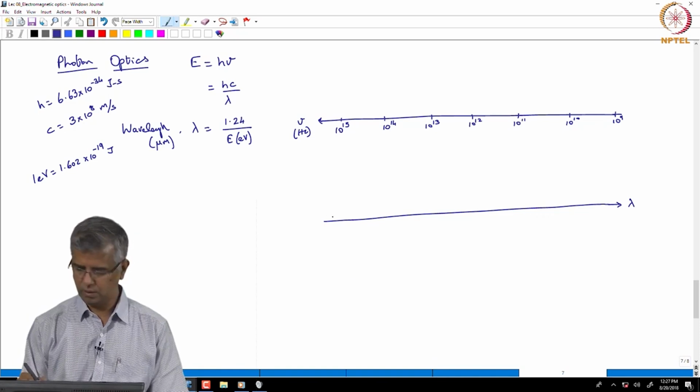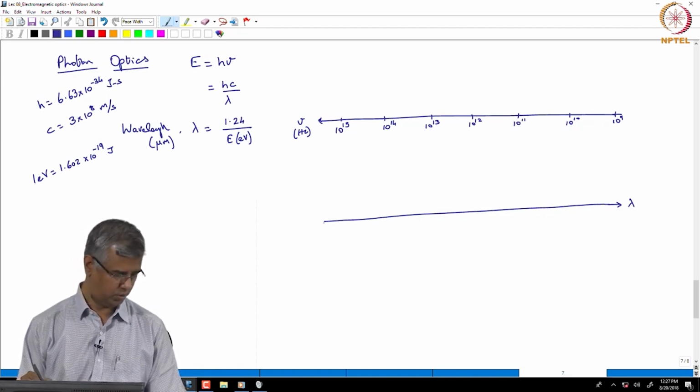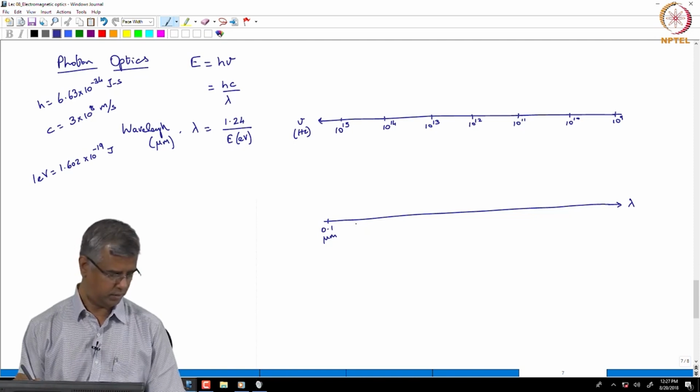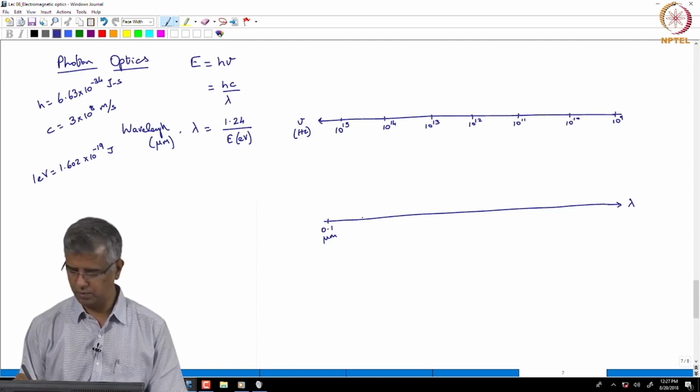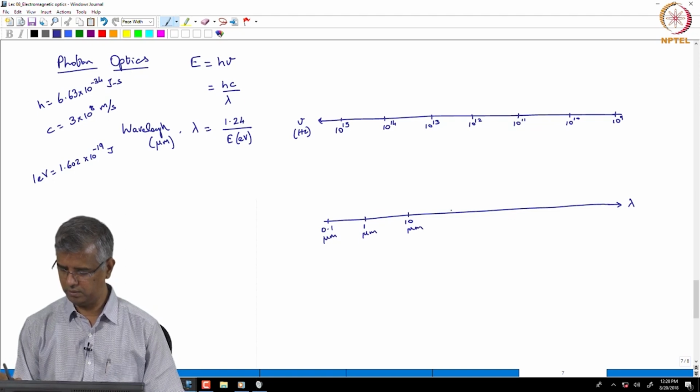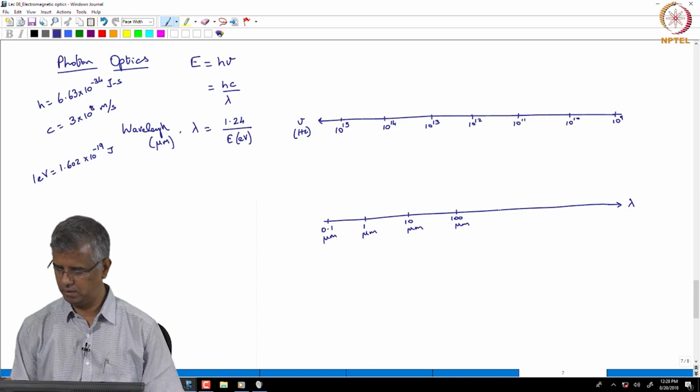So, this corresponds to 0.1 micron or 100 nanometers, and somewhere over here it's 1 micron, here is 10 micron, 100, and then we get to the millimeter waves, 1 millimeter, 10 millimeter and 100 millimeter.